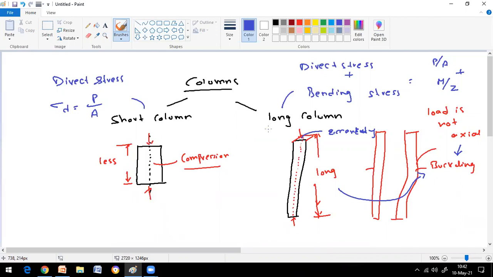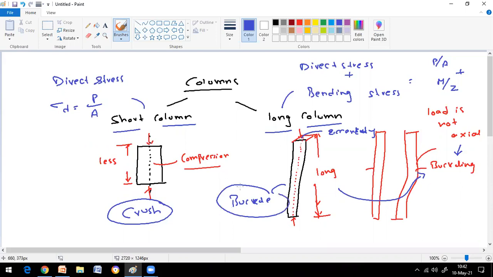If you could apply the load exactly at the center, definitely your broomstick would be crushed instead of bending. So that is the reason why you have to know this important point: short columns will always crush, long columns will always buckle.